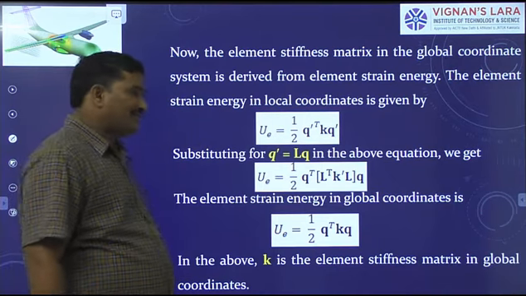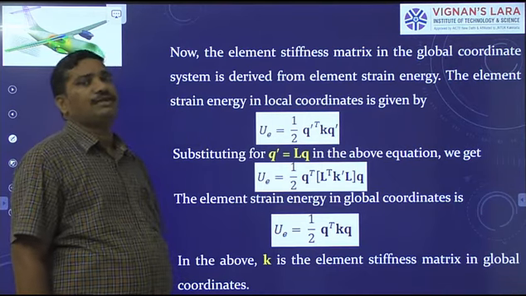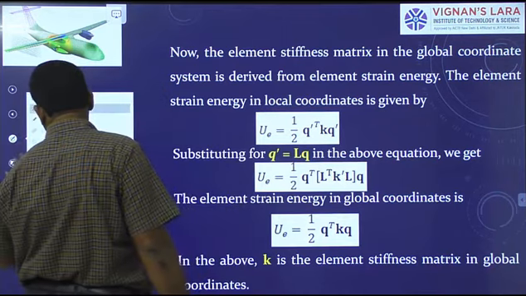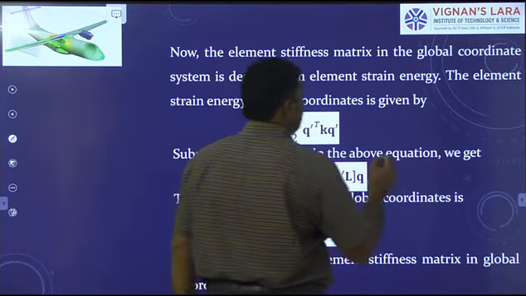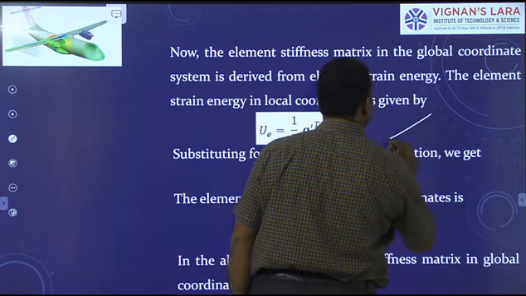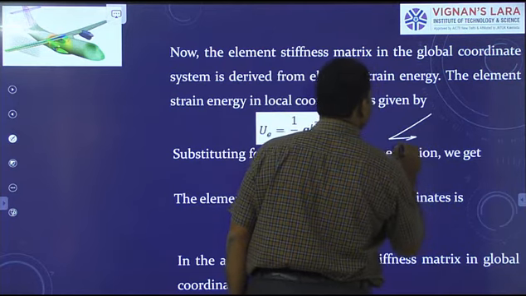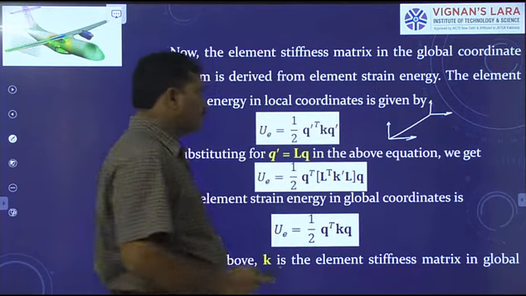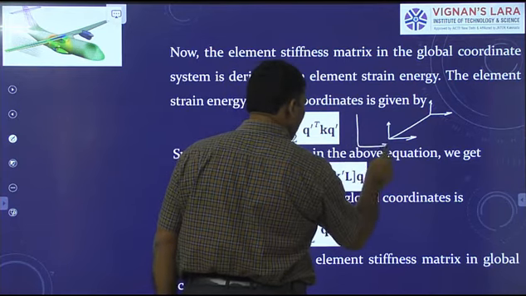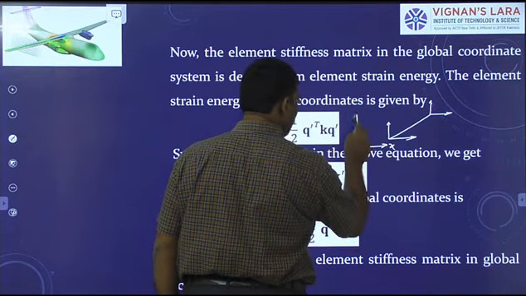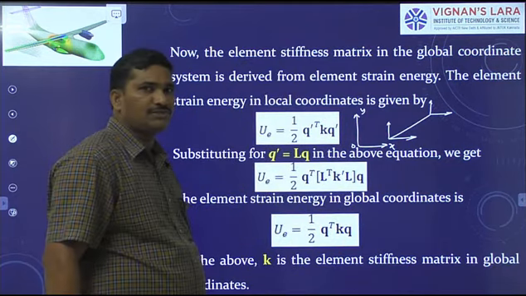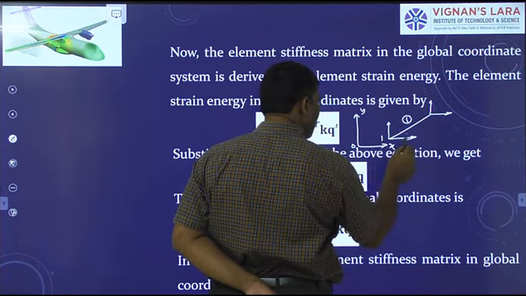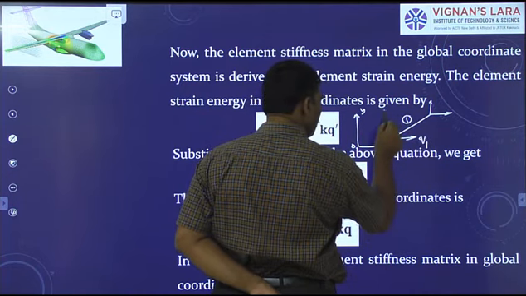Now, the truss elements of the structure have different orientations. Therefore, each node of the truss element has 2 degrees of freedom with respect to the global reference frame OXY. If this is element 1, node 1 has 2 degrees of freedom, Q1 and Q2.